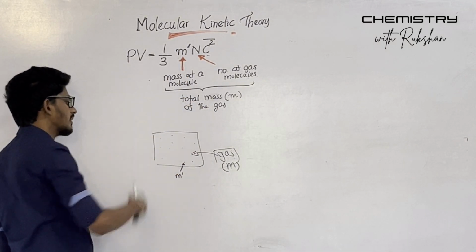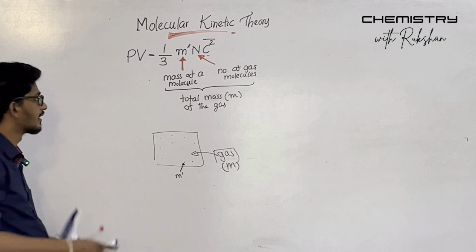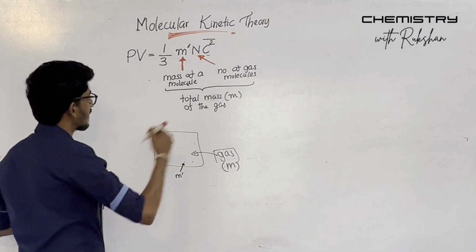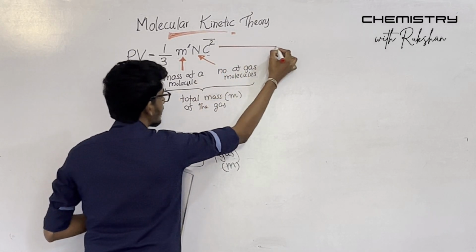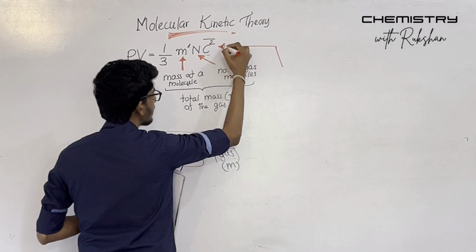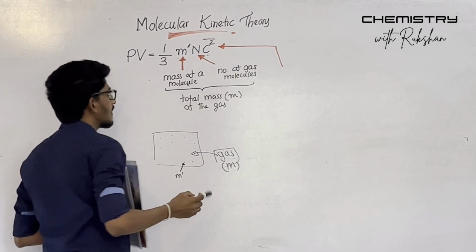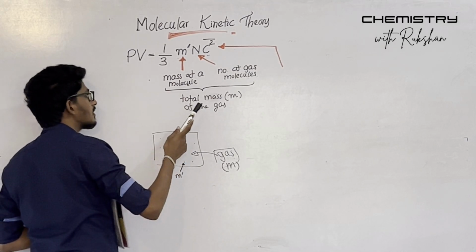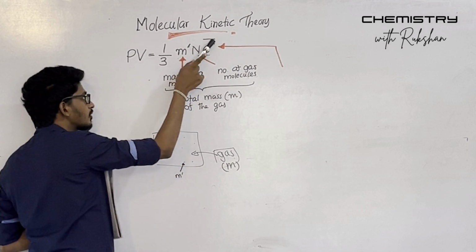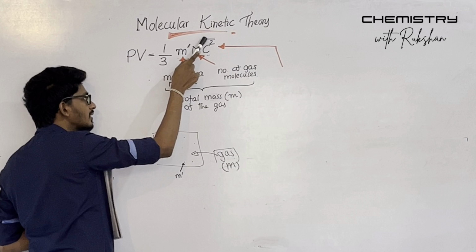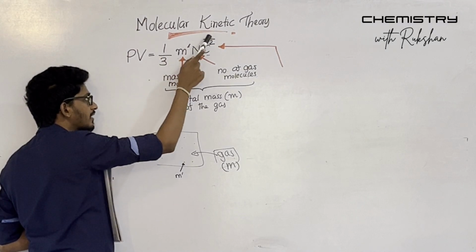And c squared bar is appearing. C squared bar means another new terminology comes in there. C squared bar is the mean square speed. The bar is used for mean, the average value.